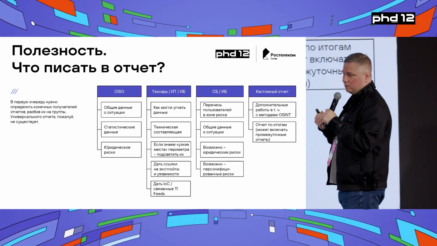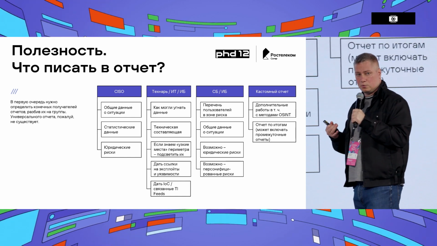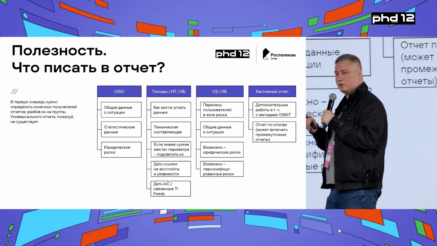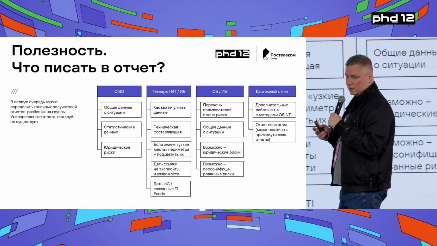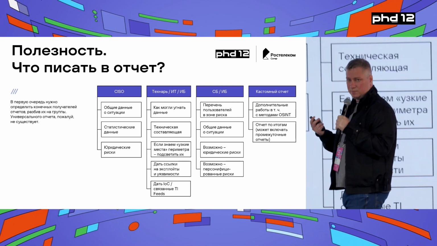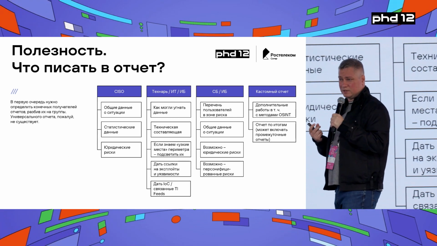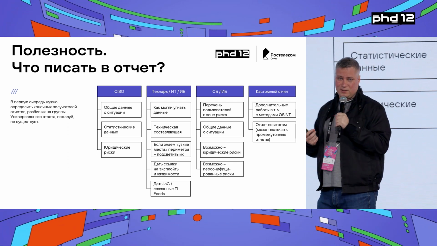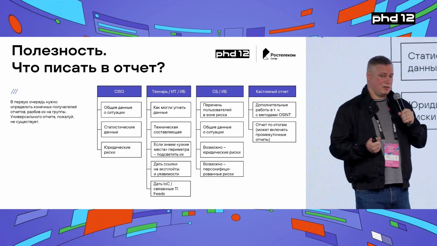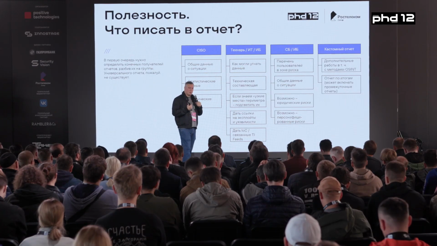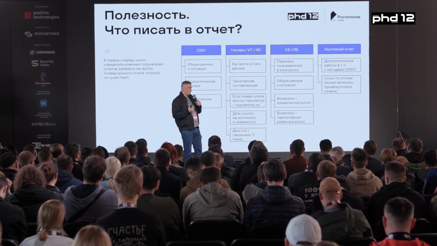And personified risks. Personified risks is when you have a leak where a top manager or VIP guy is involved, or vice versa. Meaning that the organization is so important that you have to keep a lot of accompanying data.